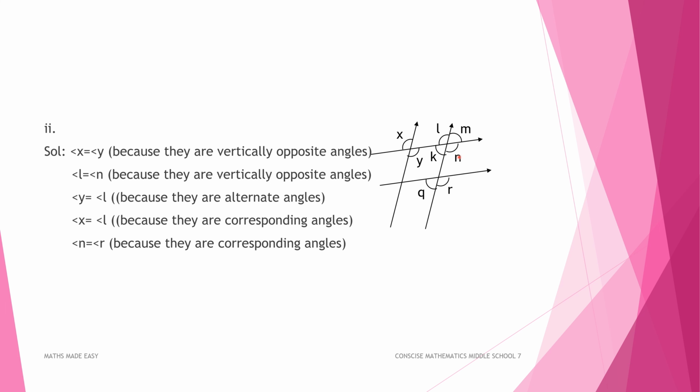Next, N and angle R are equal, because even this forms a corresponding angle. See here children, both are on the same side, and these two angles are formed at two different intersection points.